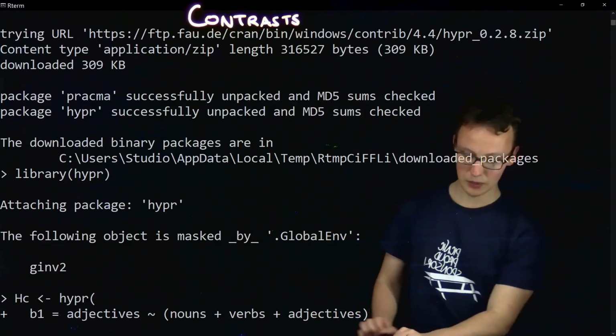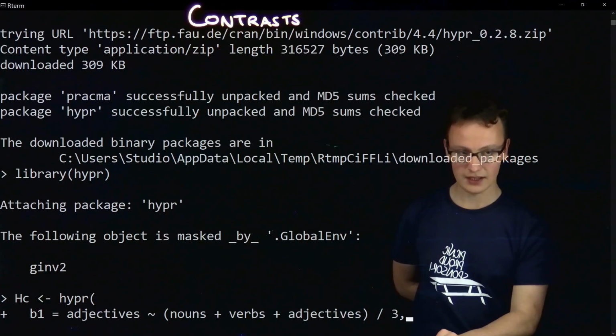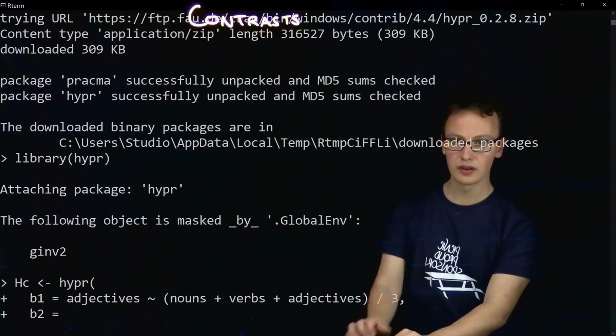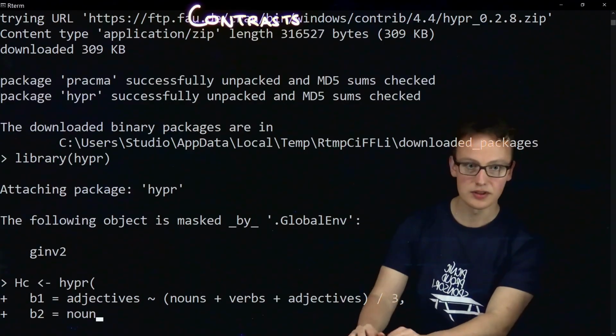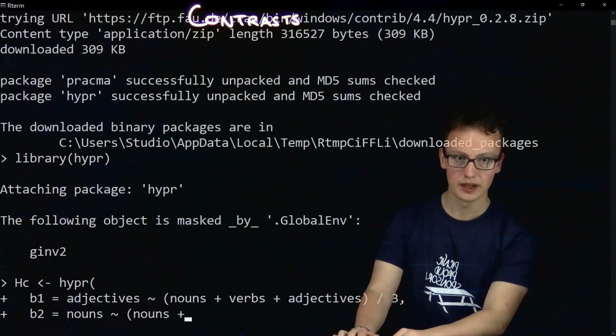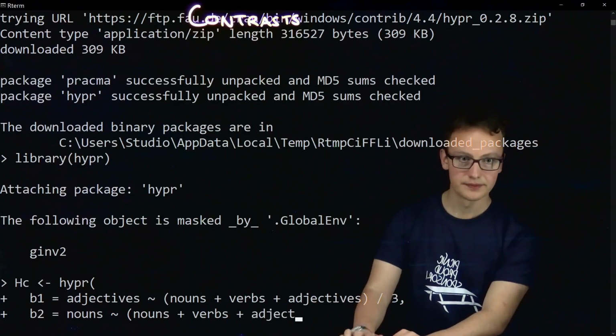Okay, that's how I would write it here. And then in the next line I could say B2, beta 2, that will be the comparison of nouns against nouns plus verbs plus adjectives.